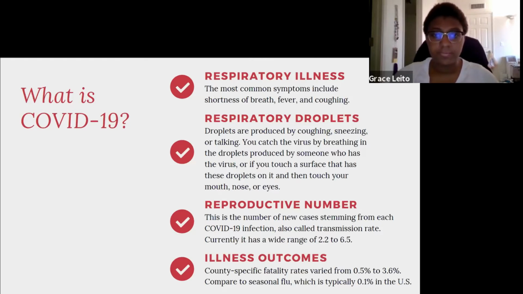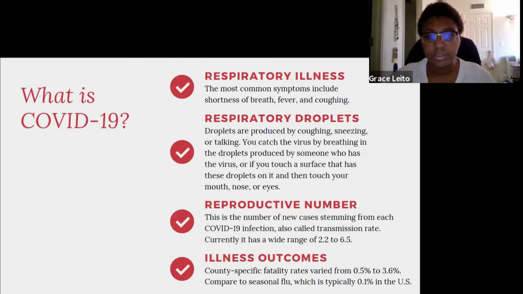Other symptoms include nausea, loss of taste and smell, aches in your muscles, things like that. And really the time that you experience these symptoms can be anywhere from 2 to 14 days after you've been exposed. And we'll talk more about that in a bit.